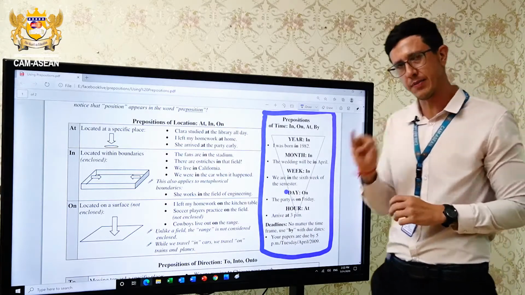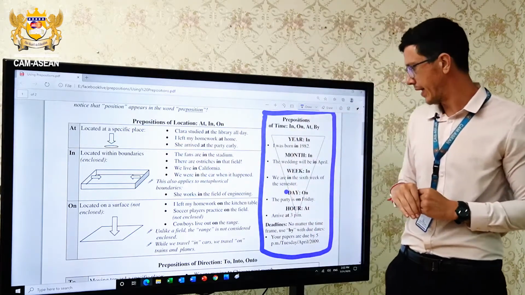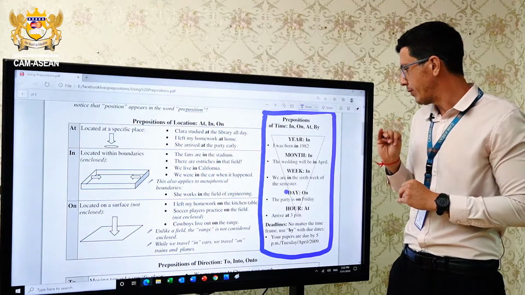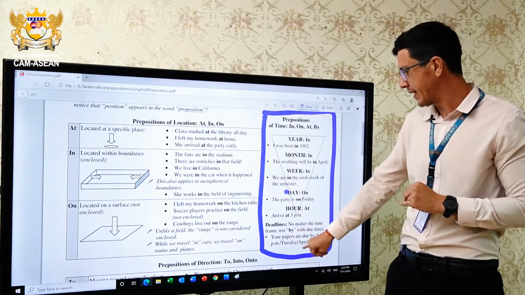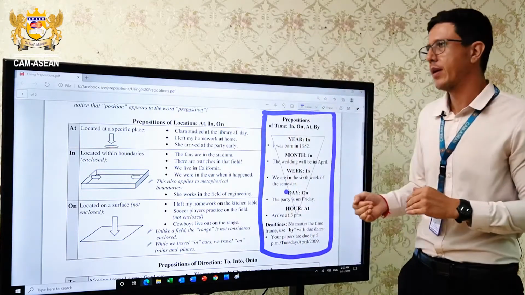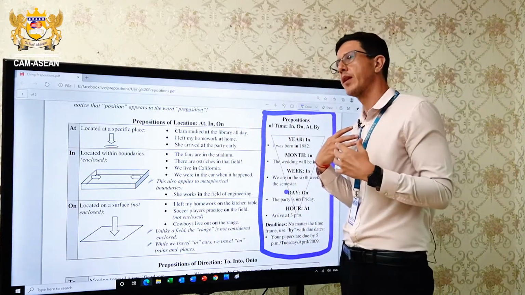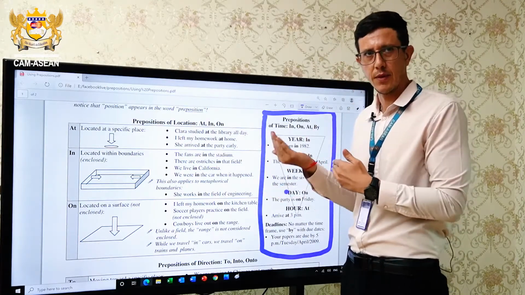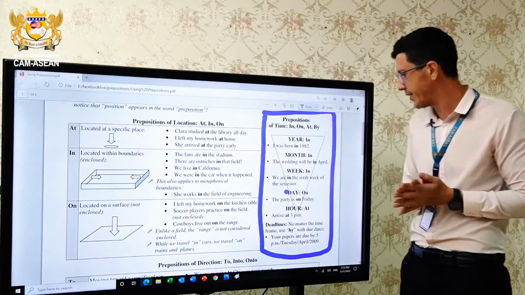At is for a specific hour. Okay? Now, when we use by, it means specifically deadline, due date. Okay? Your homework is due by tomorrow. It's just saying deadline, end of the date.